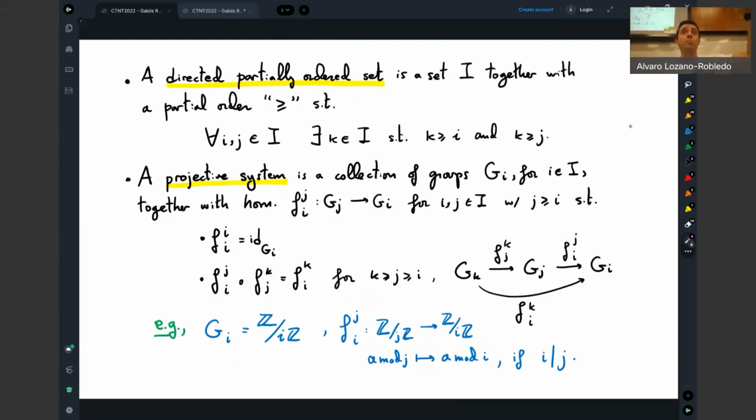There is no natural map from Z mod 5 to Z mod 3. There is no homomorphism except the trivial one where everything goes to 0. In the case of divisibility, the natural map is reduction mod i.